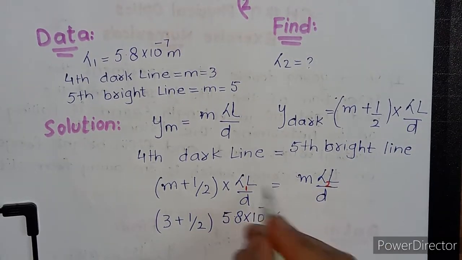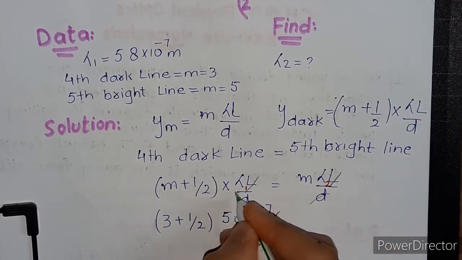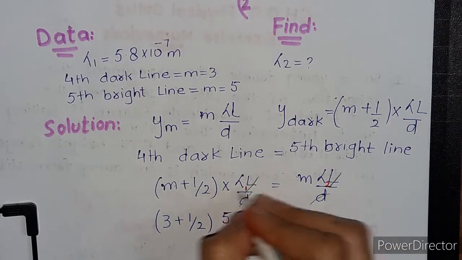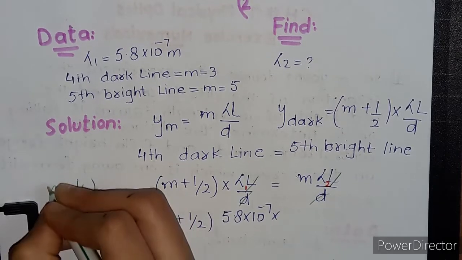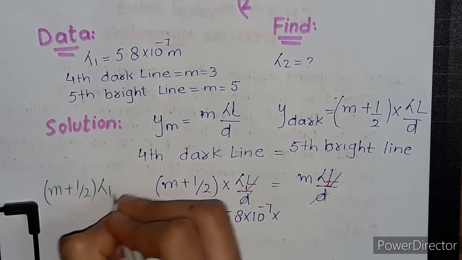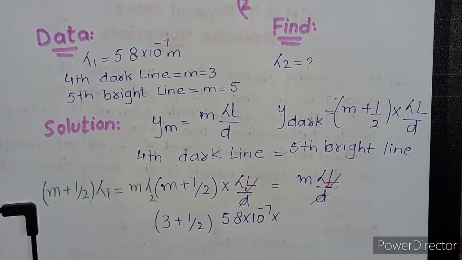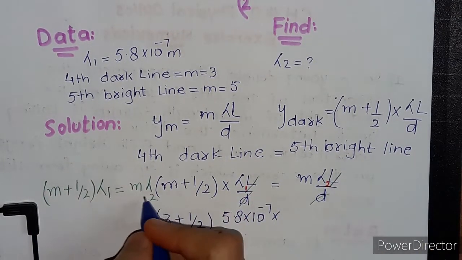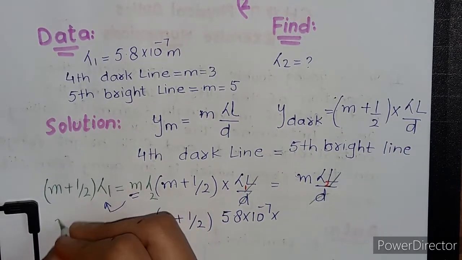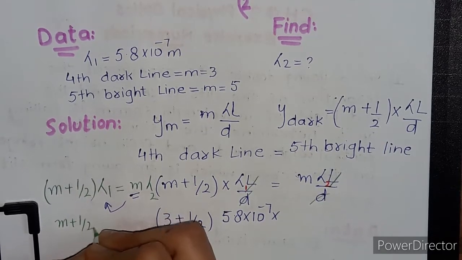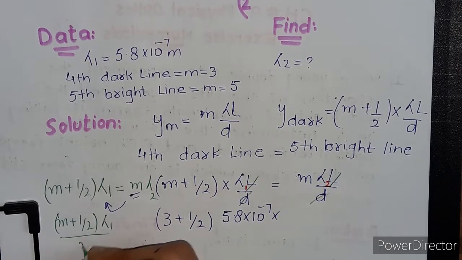Now from here L and D would be cancelled as they are common. So we are only left with this: (m + 1/2) into lambda 1 is equal to m lambda 2. So this m would divide the whole factor. The equation would be (m + 1/2) lambda 1 divided by m.